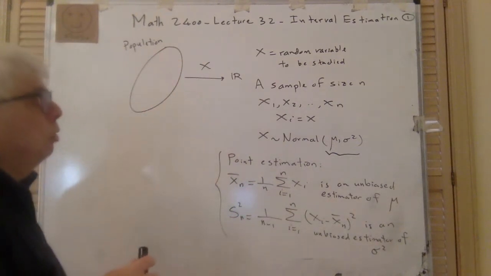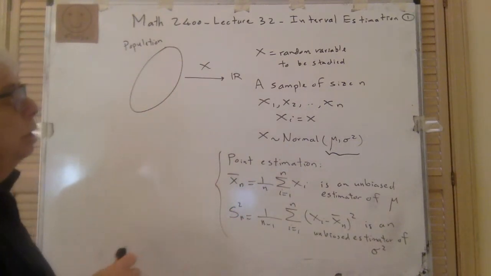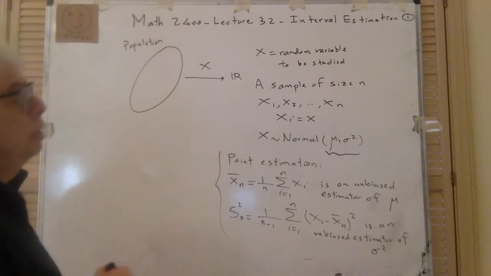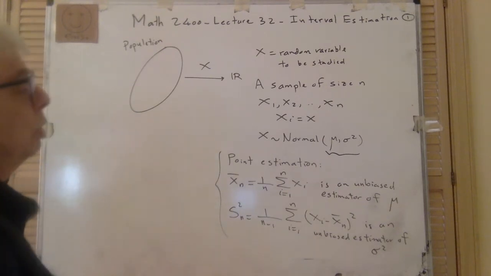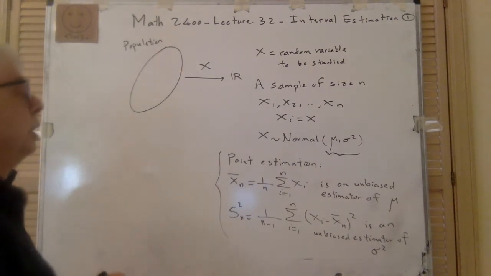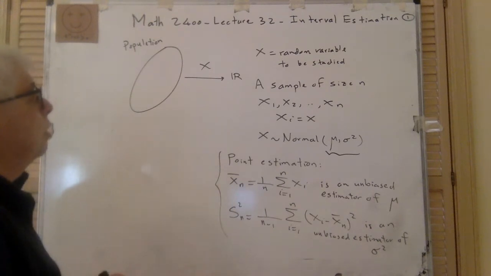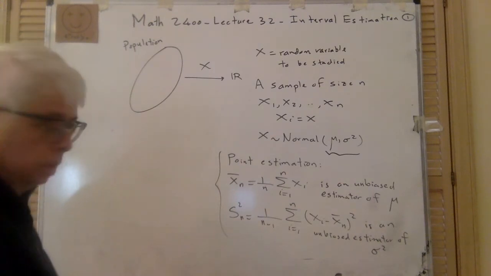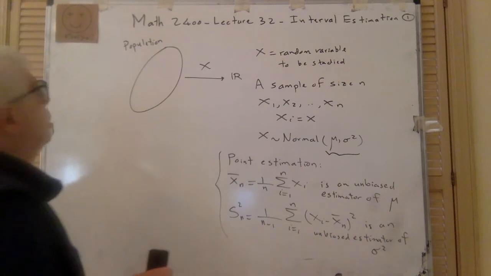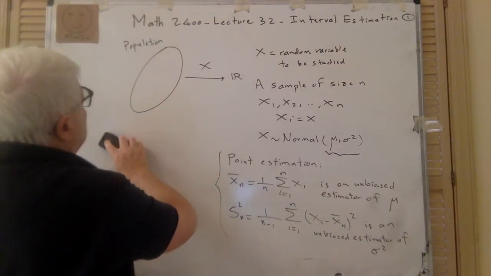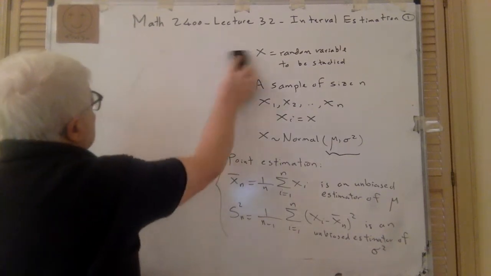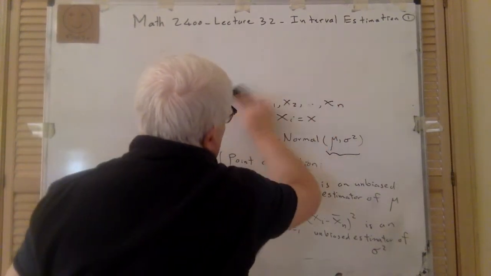So we come up with some statements that tell us, for example, where mu lies, or that with some probability mu lies in a certain interval, and also for sigma squared. So let me start with mu and tell you what that interval will be for mu. So let me erase this, the premise of the problem.